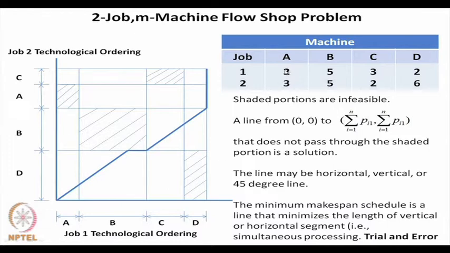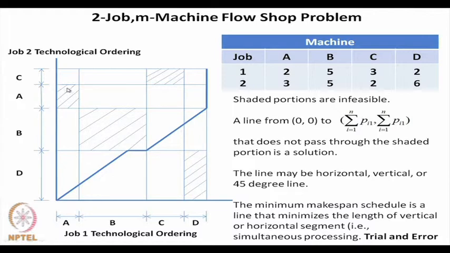Total time here is 5 plus 2, 7, plus 3, plus 2, 12 hours. Now, on the y axis the sequence is D, B, A, C. So, if machine A is working on job 1, then naturally machine A cannot take job 2 if operation A is to be done.